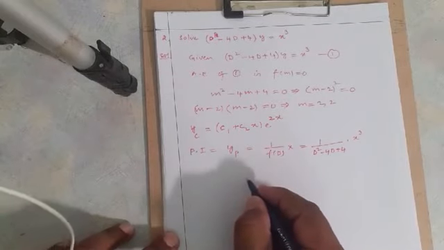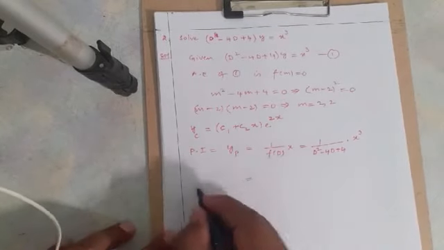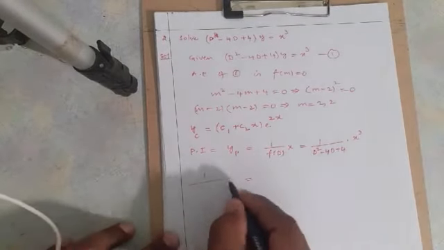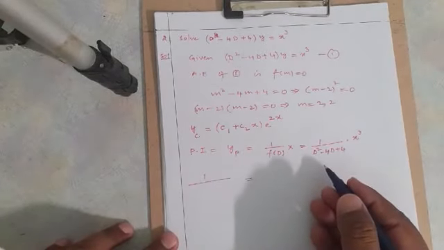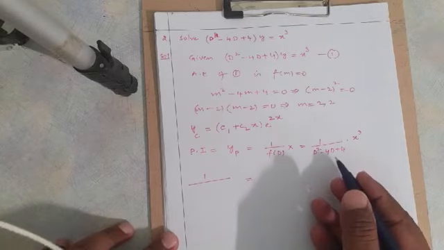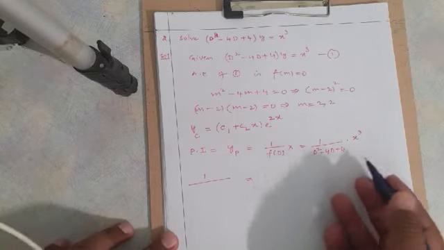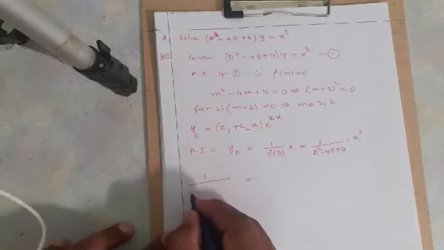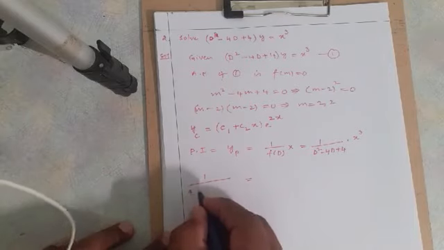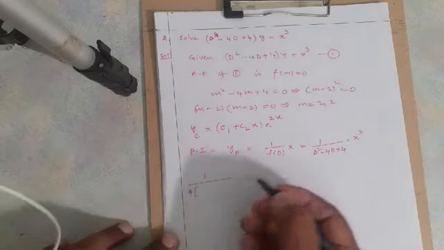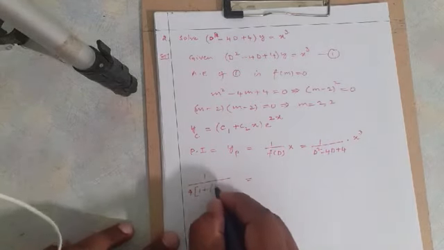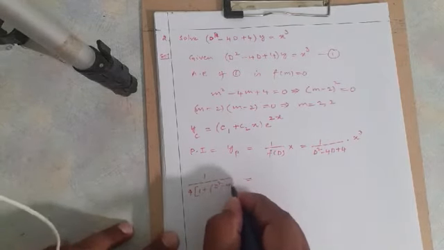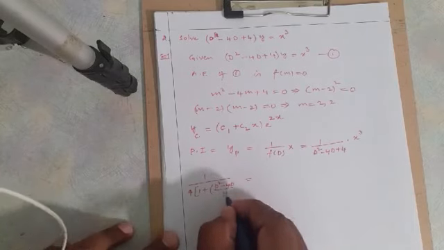In the previous problem we have written this as 1 upon f of D, that is a square plus b square minus 2ab, or you can take 4 common. If you take the least term common, we can write 1 plus D square minus 4D upon 4.